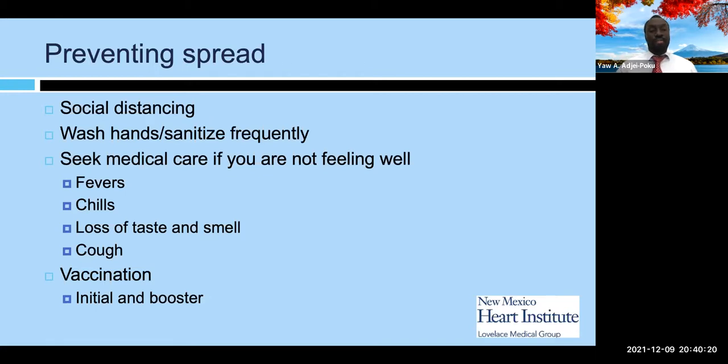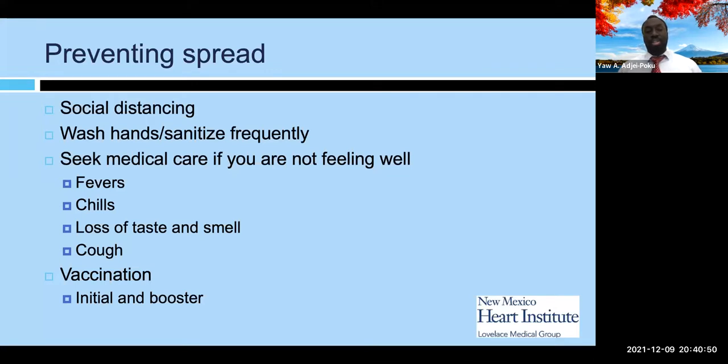Obviously, if you are having symptoms of COVID, such as fevers, chills, loss of taste or smell, cough, it is important that you seek medical care right away because you may be a candidate for some of these treatments, such as steroids, plasma. The difficulty is if you present too late after you have symptoms, some of those treatment options are no longer available to you. So it is important to catch it early.